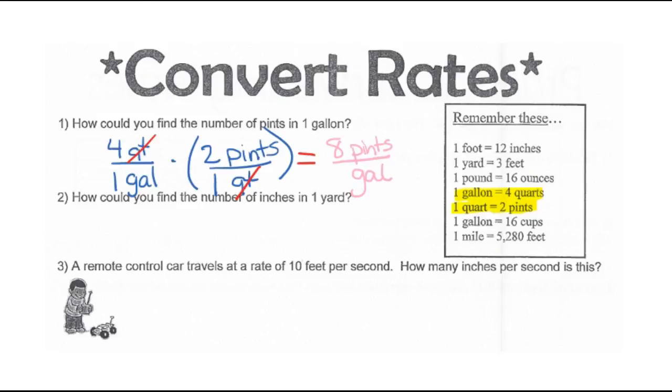Now I wrote over this next one a little bit, but how could you find the number of inches in 1 yard? If we look here, we know that there's 12 inches in a foot. There's 3 feet in a yard. So again, we can do the same thing here.